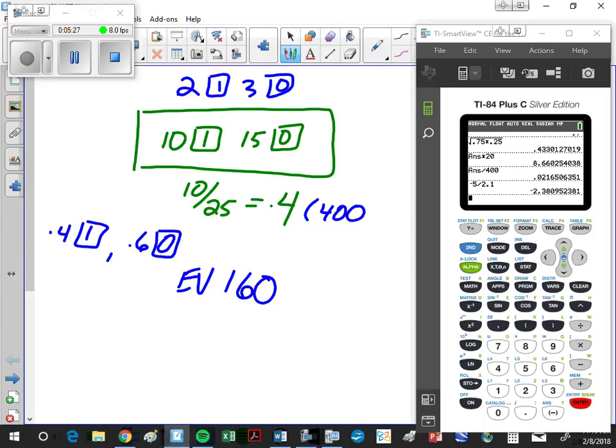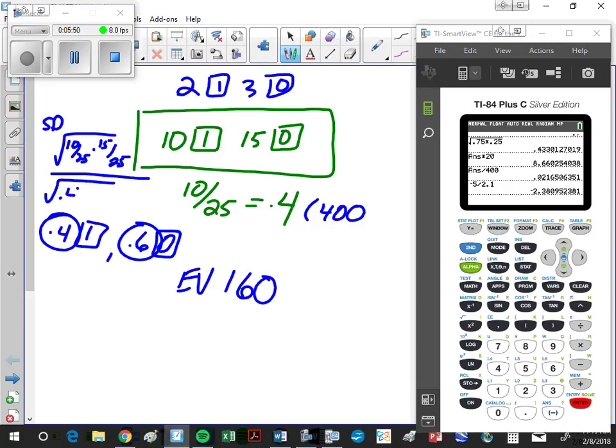Okay. Now I need to find the standard error. So the SD of the box can be found by doing 1 minus 0 times the square root of 10 over 25 times 15 over 25. But there's an easier way than that. It's just this times this. So the square root of 0.4 times 0.6, which is why we like the box to be in percentages. It just makes everything easier.